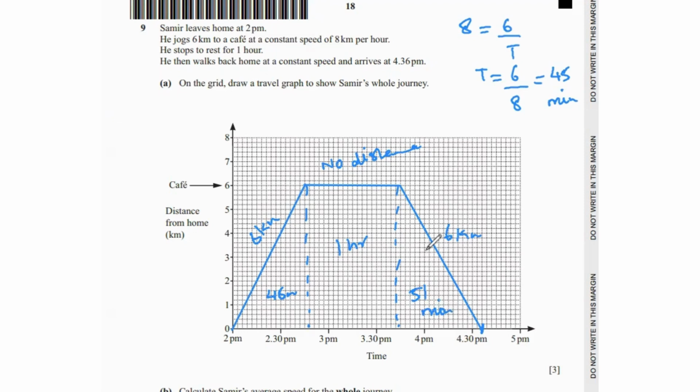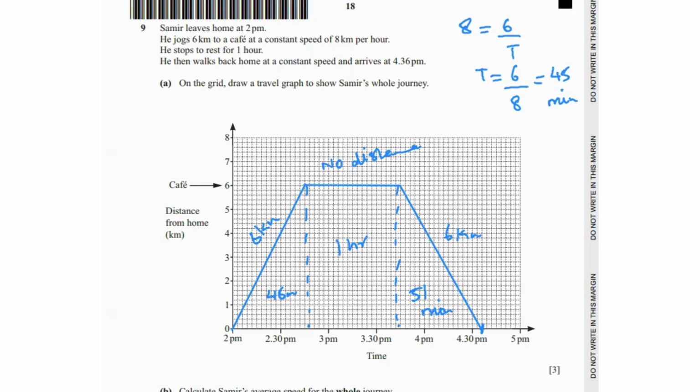So I'm going to add the 45 minutes, the 60 minutes, and then the 51 minutes. Divide that by 60. So total time of the journey is, we're going to add all of this time. So 45 minutes, 60 minutes for the hour, and 51 minutes.